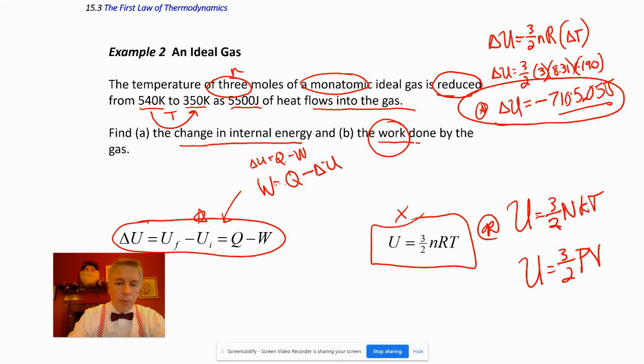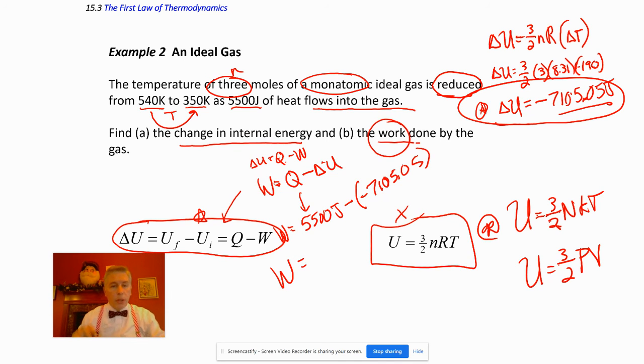But here's what's important: 5,500 joules of heat flows into the gas. If heat is added, that's a positive number, so this will be a positive 5,500 joules. And then I'm subtracting my change in internal energy, but it's a negative, so I'm subtracting a negative 7105.05 to find the work.